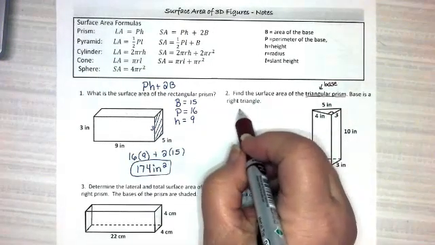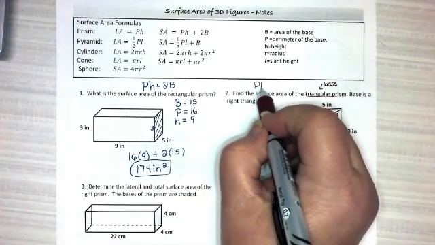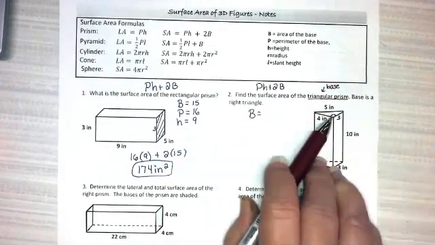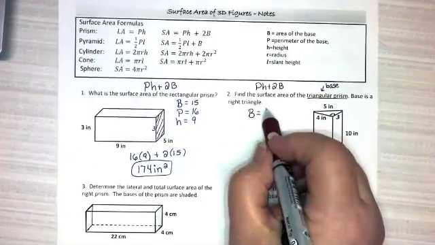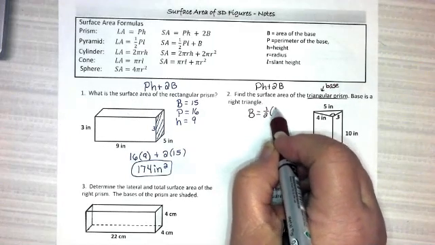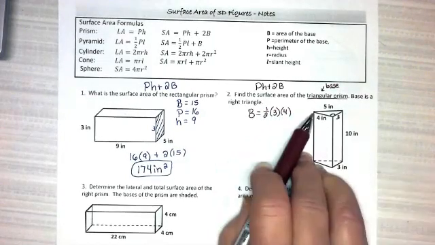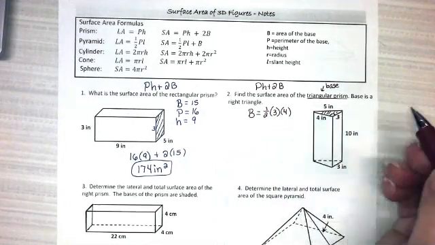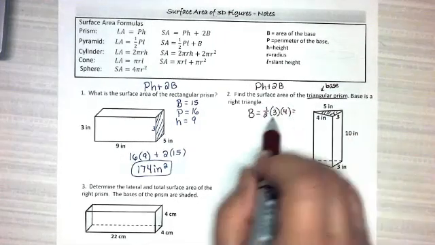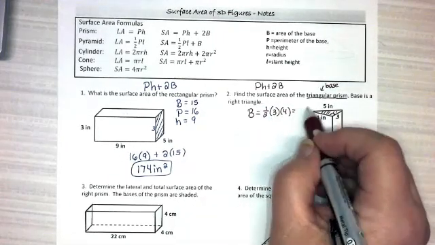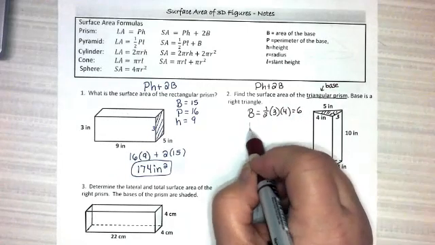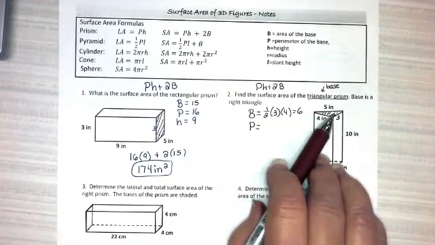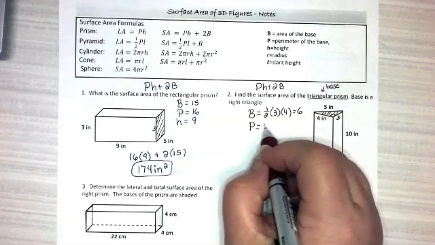So if I want to find, again, same formula, PH plus 2B. So if I want to find the area of my base, well, my base this time is a triangle. And a triangle would be 1/2 times 3 times 4, because that's the base and height of that figure, since this is my base right here. So capital B, the area of my base would be 6. The perimeter of my base, I just add these together, would be 12.